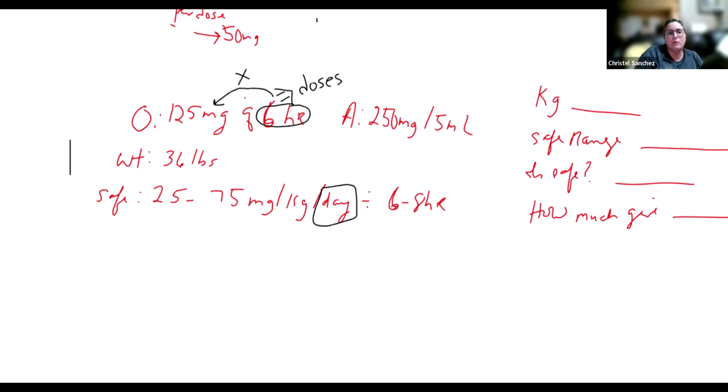So remember, we have 4 doses if it's every 6 hours. Is anybody else working on it? Are y'all ready to go over it?